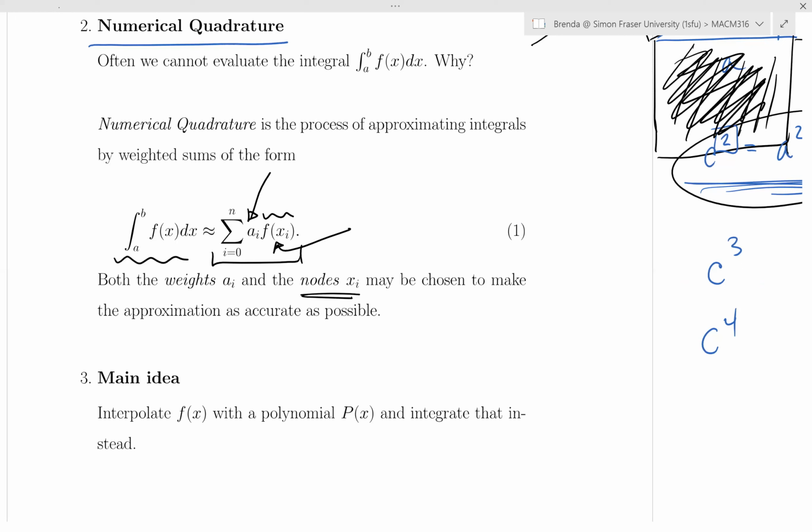Sometimes these are fixed by the experiment or something that you're running, but if they're not, then you have the ability to choose the a_i's and the x_i's. Okay, so the idea is to take this function, interpolate it with a polynomial. How about that? And then integrate the polynomial instead.